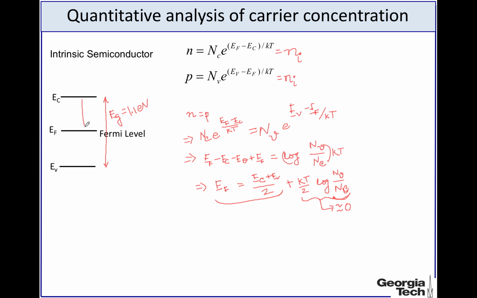So the gap EC minus EF for an intrinsic semiconductor is around 0.55 eV, and EF minus EV is also 0.55 eV. This is valid only for an intrinsic semiconductor.